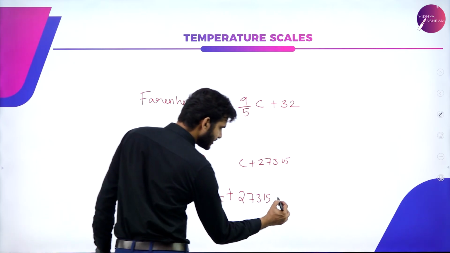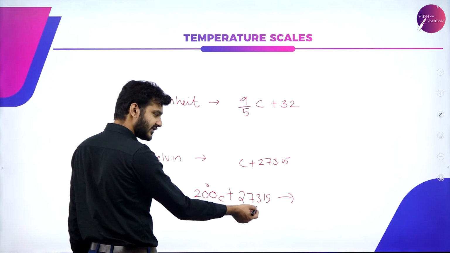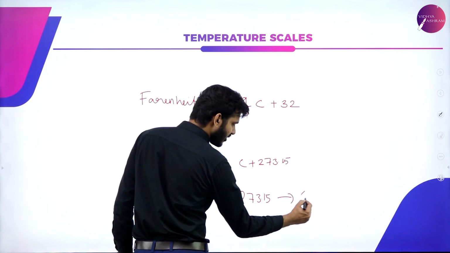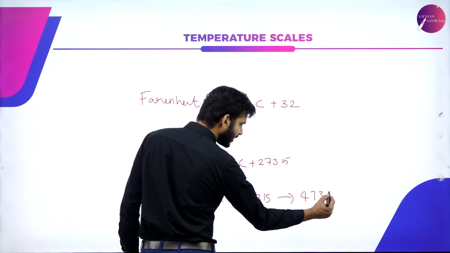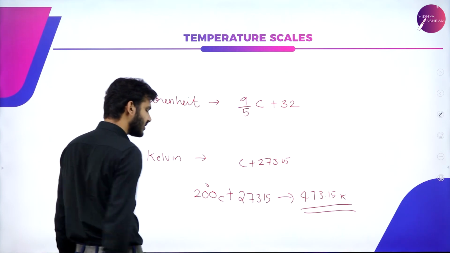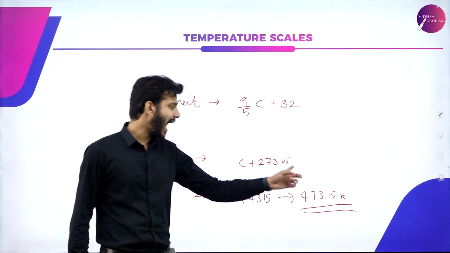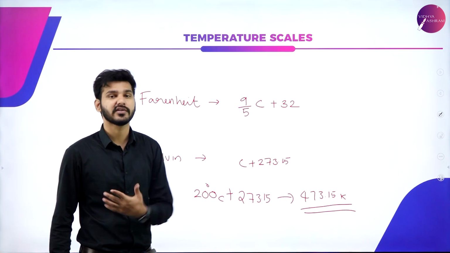So you will get 200 plus 200, 400, plus 73.15, that is 473.15 Kelvin. So 200 degrees Celsius can be converted into Kelvin just by adding 273.15 to it.